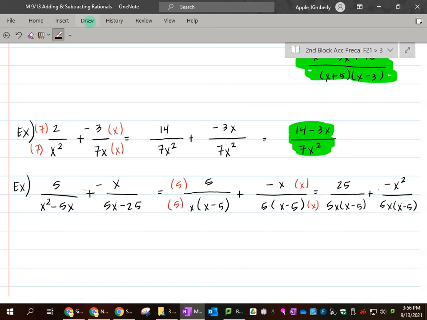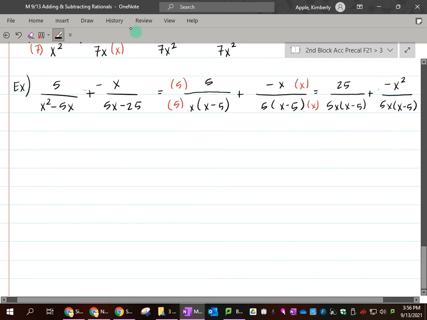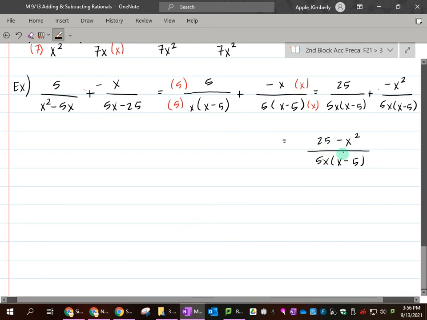At this step, we can actually go ahead and combine this into a single fraction because we have that common denominator. So common denominator 5x, x minus 5, and on top, 25 minus x squared. This is a difference of squares on top, right? We need to factor that to see if anything is going to simplify. I don't really like it being reversed like this.